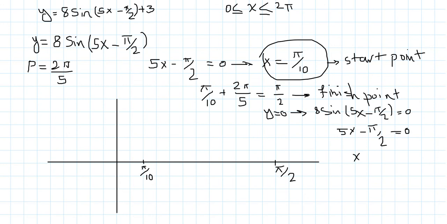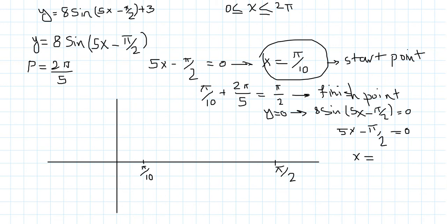So x is pi over 2 divided by 5, which is pi over 10, but we found it. Now I don't want this. I want where y is 0. So at which point is y 0? I know at which point sine is 0.